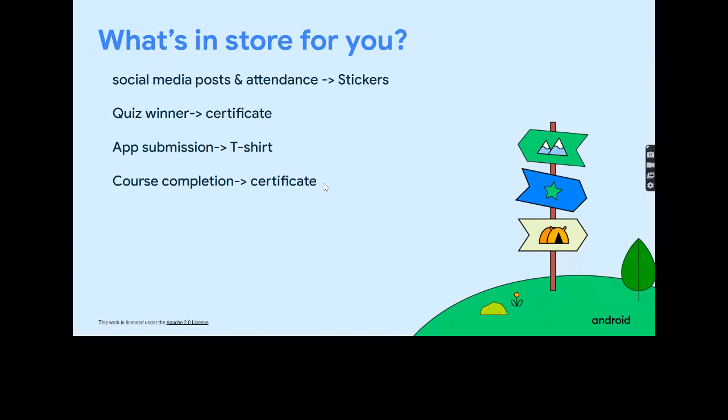For example, if we give an education theme, you can build an app for our college maybe. Based on that, if you submit the app to GDSC, we'll be giving you a T-shirt and a great shout out, of course. And if you complete the course, either the beginner course or the advanced course, or both of them, you'll be getting certificates on course completion from our end. So these are all in store for you. You have a lot of opportunities out there. Utilize them to the best.